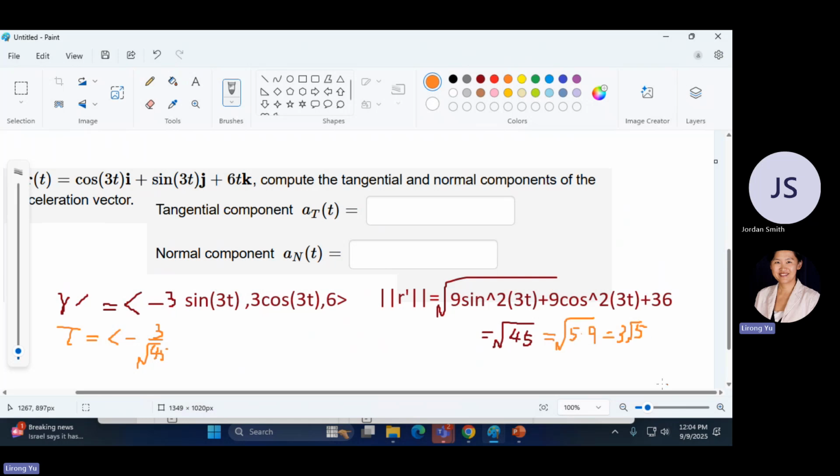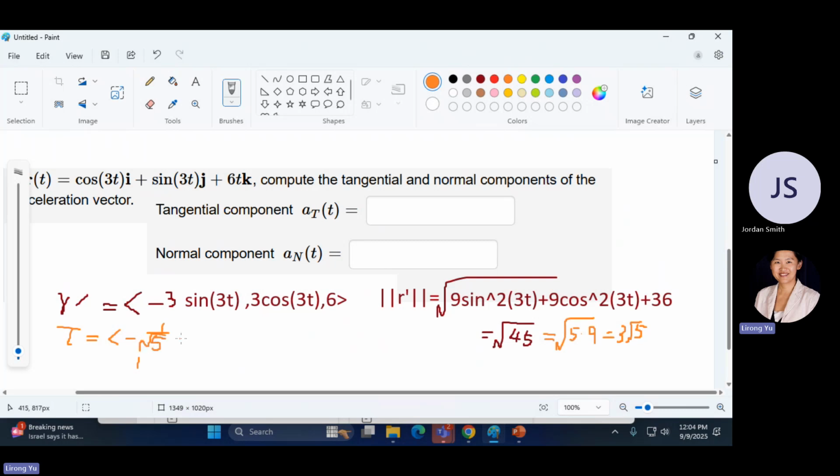So -3 divided by 3 root 5 is really -1 over root of 5. I just want to make the division a little easier.